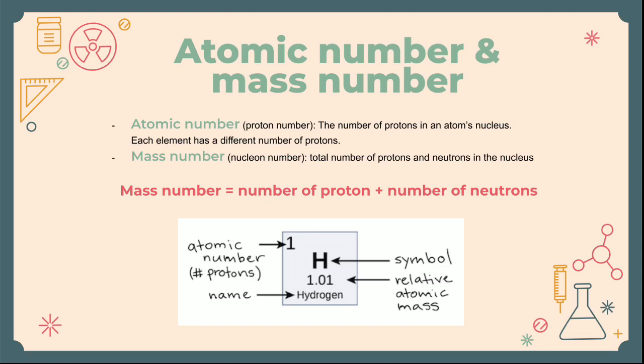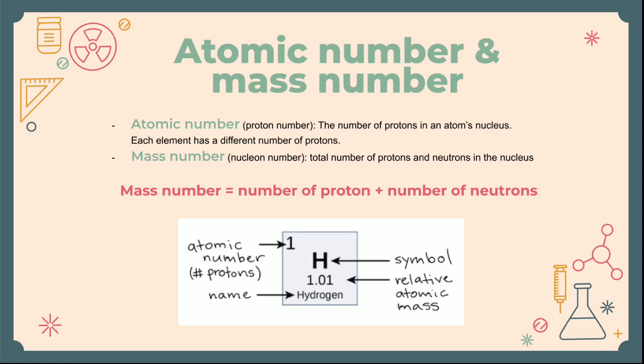Atomic number and mass number. The number of protons in the atom's nucleus is counted. This is the atomic number, or proton number. Each element has a different number of protons. The mass number, or nucleon number, shows the total number of protons and neutrons in the nucleus of the atom.